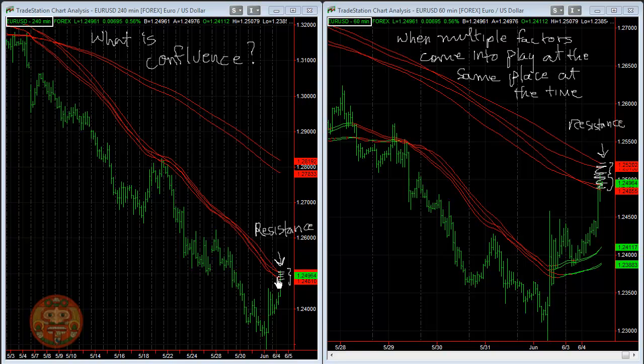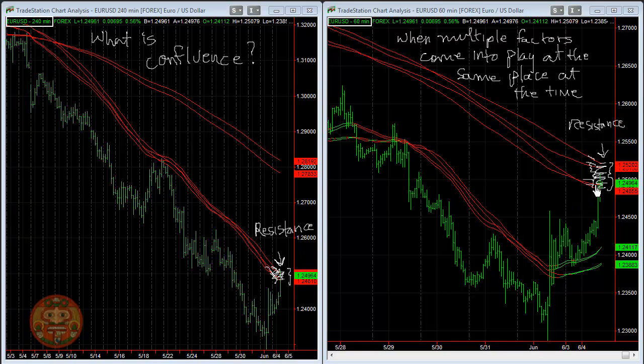And that's confluence. You have exponential moving averages and simple moving averages, and they basically are coming together in the same area. In the same sense over here in the 60-minute chart, you have the same thing where these simple moving averages are lining up with the exponential moving averages. That's one thing.